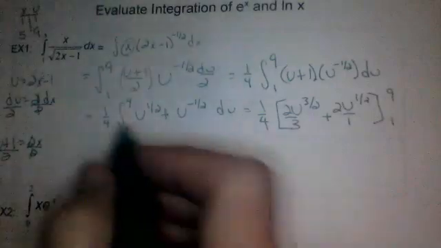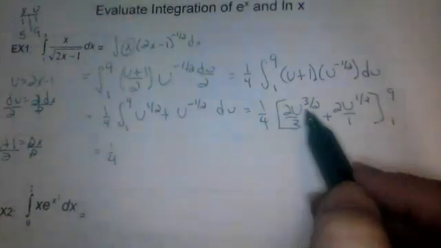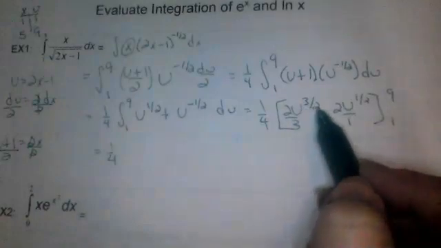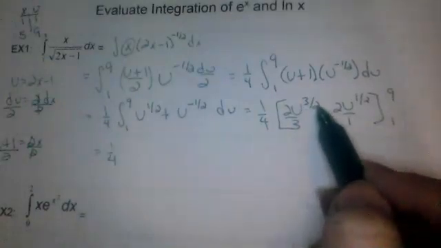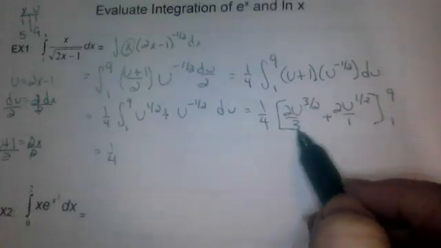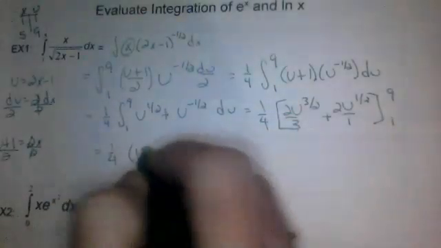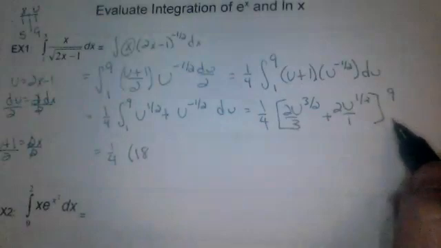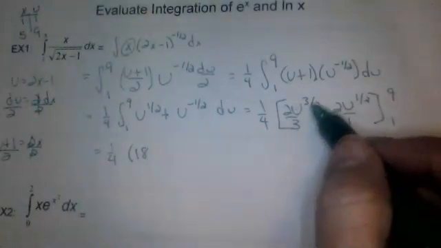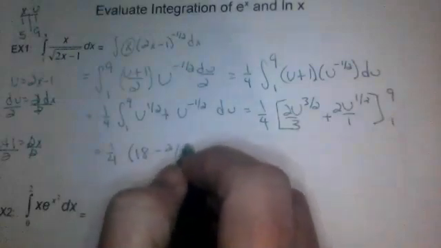All right, so we're going to do some mental math here. We're going to plug in 9 first. The square root of 9 would be 3. 3 to the 3rd power would be 27. 27 divided by 3 would be 9, times 2 would be 18. And we're plugging in 1. So 1 in here is just going to give me 2/3.